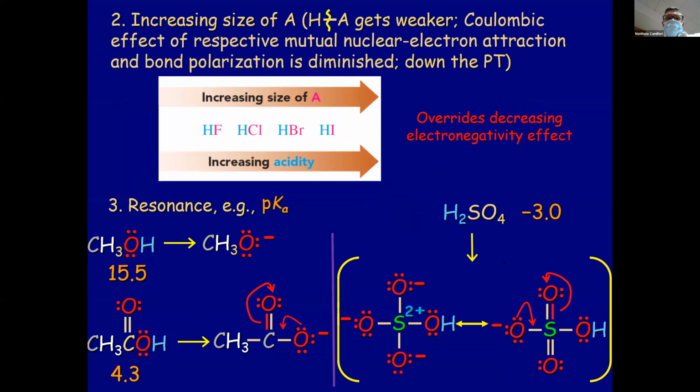Normally, I would tell students to write the products, okay? Because by writing what you've got, for example, carboxylic acids and alcohols, if you write the base, so you lose a proton, then we can easily find a resonance form for the carboxylate, but no resonance form for the alkoxide.